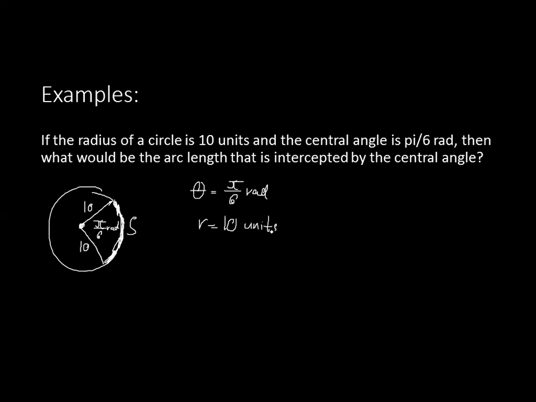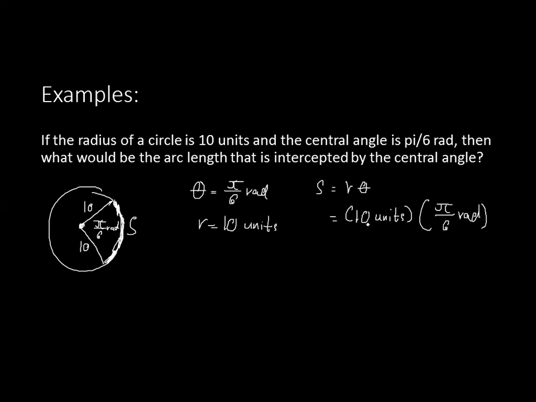All right. So here, as you can see, the angle is in radians. So we do not need to convert it into radians since it is already in radians. So we can just simply substitute. So we have 10 as our radius, so 10 units times theta, which is pi all over 6 radians.